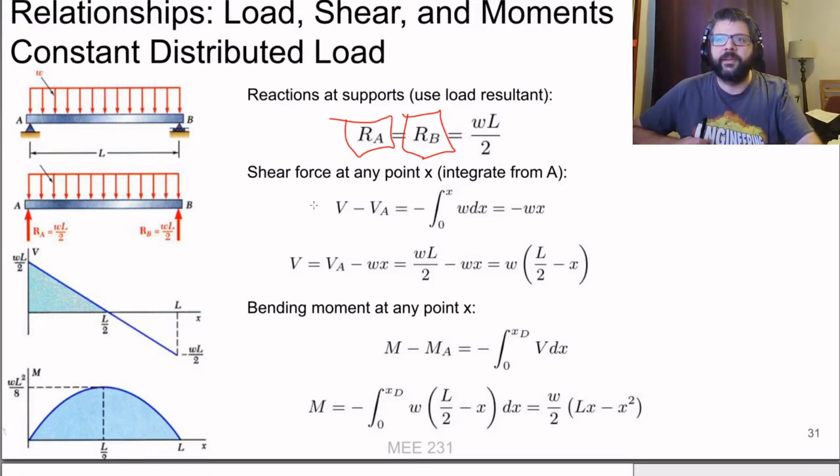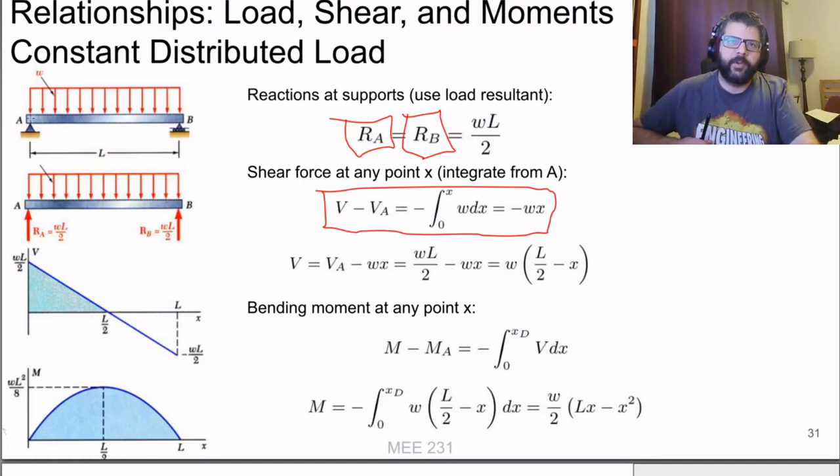And then we can figure out what the shear load is at any particular point by starting with the shear load that we know would occur at the reaction, and then finding the difference.